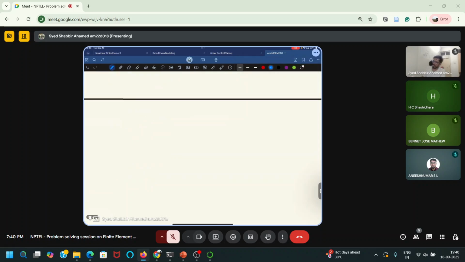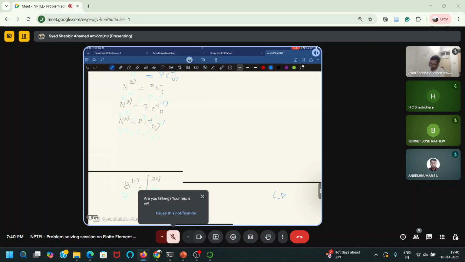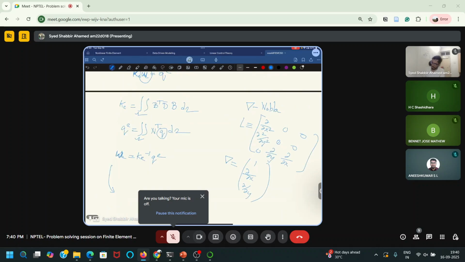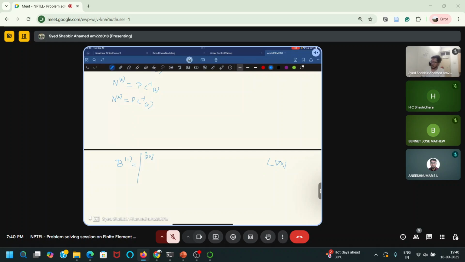In order to determine it, first I have to determine B. B is something we have already seen: L nabla N. So L nabla N, that is B, and it will look like this, up to the second derivative of N12 with respect to x square, and it goes on like this, with x square, y square, and xy. This will be a 3 cross 12 matrix.